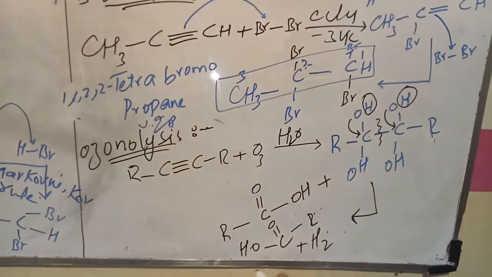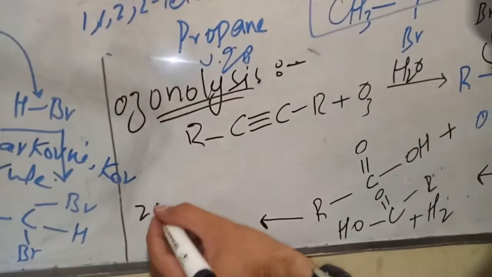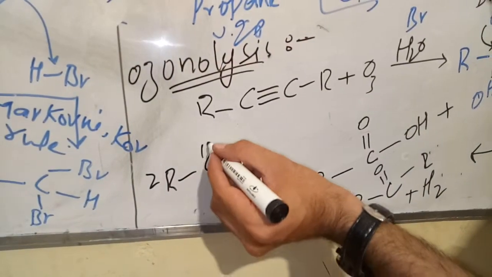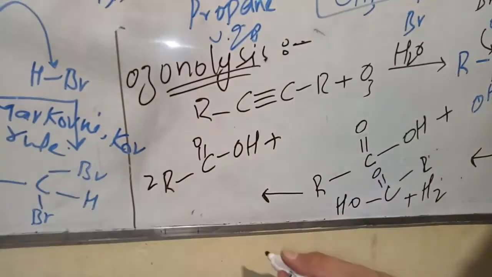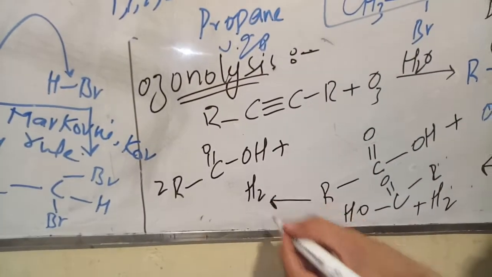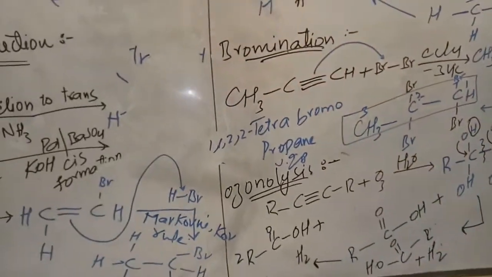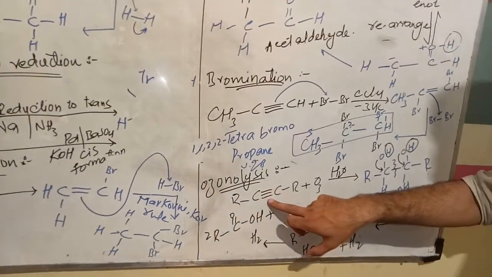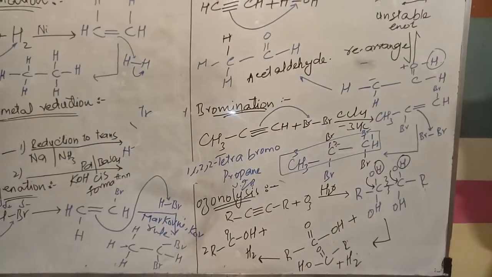So if we write this in one form, we can say that 2 moles of R C double bond O, OH is our main product, and H2 is our side product. So dear students, by using ozonolysis reactions, we can easily convert alkyne into acid. This is our common conversion.